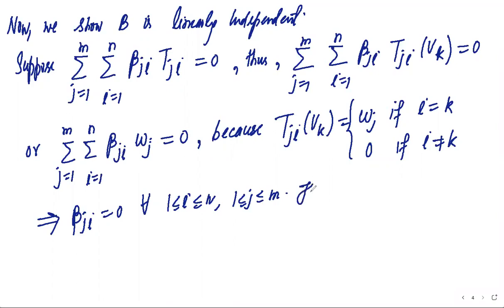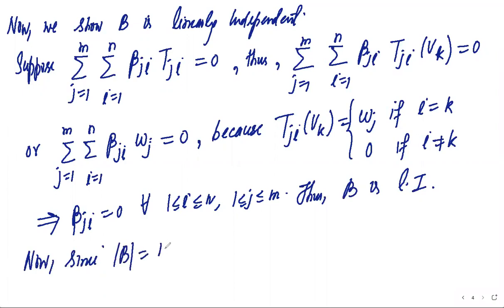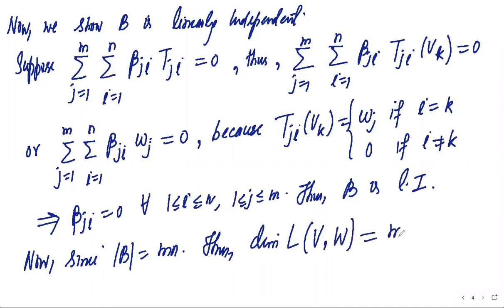So thus B is linearly independent. Now since the cardinality of B is equal to mn, thus the dimension of L(V,W) is equal to mn. Okay?